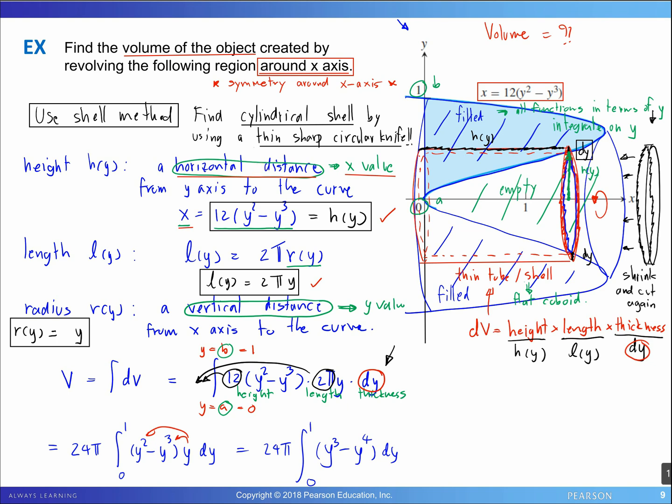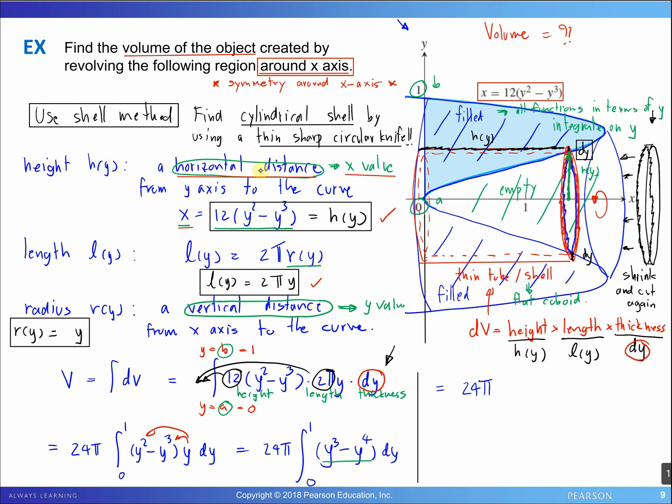Now let's continue on the right hand side. It's going to be equal to 24 pi, still the same. And now we need to find the antiderivatives of these terms, y cubed minus y to the fourth.